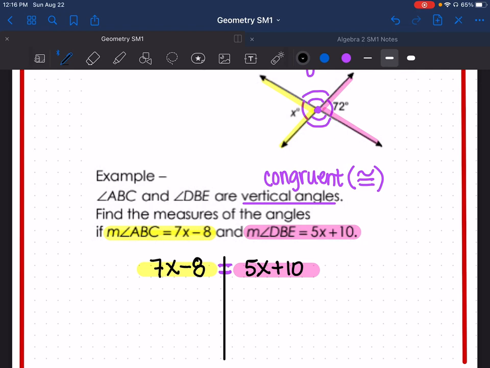There's no distributing to do, so let's go ahead and look for like terms. On this side right here, there are no like terms because of the x. I cannot subtract. On this side, there are no like terms because of the x. I cannot add the 5 and the 10. Let's go ahead and take a look at our x's.